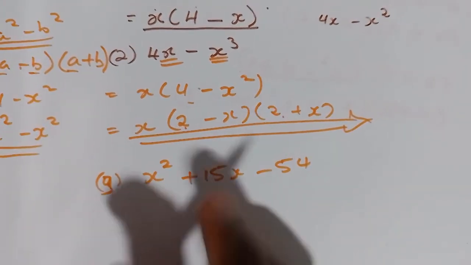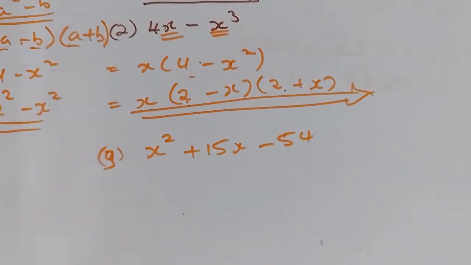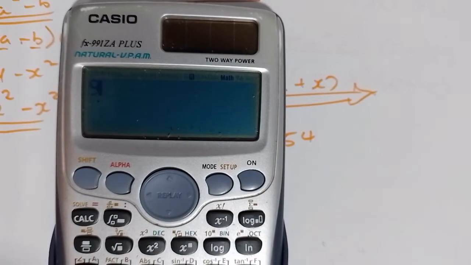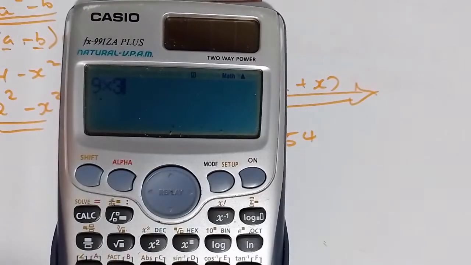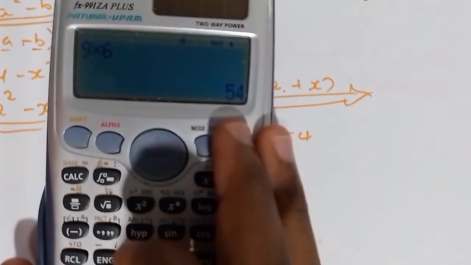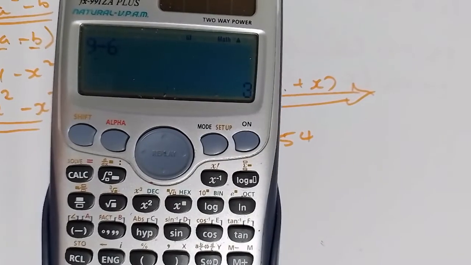Okay, how can I factorize this? Take your calculator. When I say 9 multiplied by 3, it's going to give me, oh, not 3, but 6. It's going to give me 54, right? But when I say 9 minus 6 is going to give me 3. Okay, it means this does not work, right?